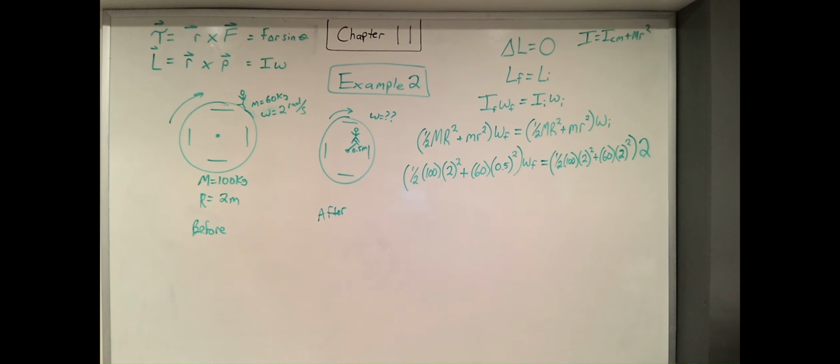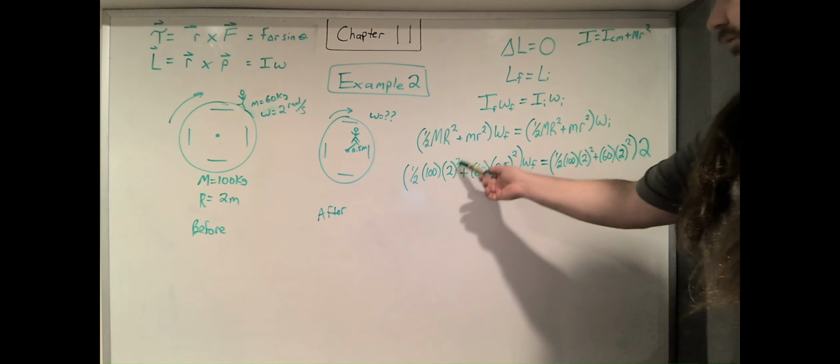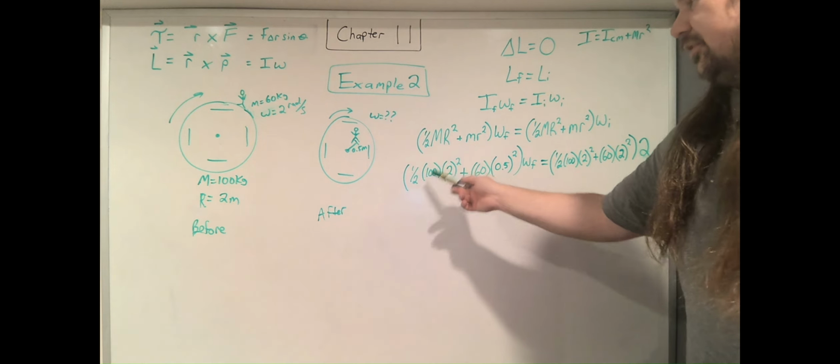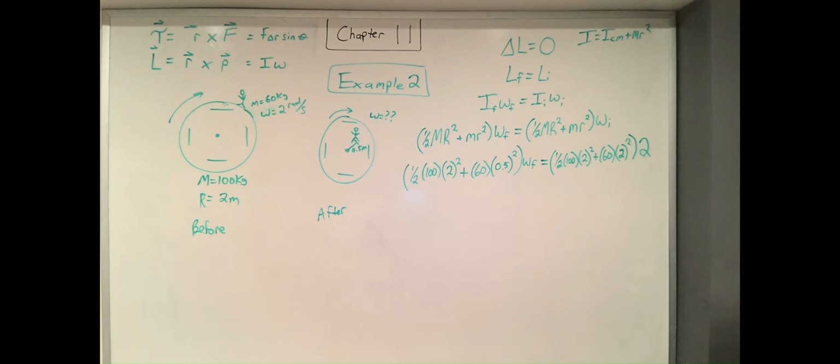It's just a lot of plugging in and knowing what to plug in. But in reality, your calculator can handle all of that. So let's just see what I get here. For the first one, this is 4, half of 4 is 2, so 2 times 100 is 200.